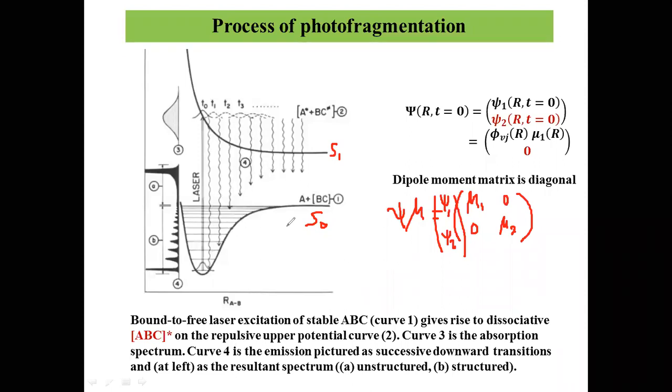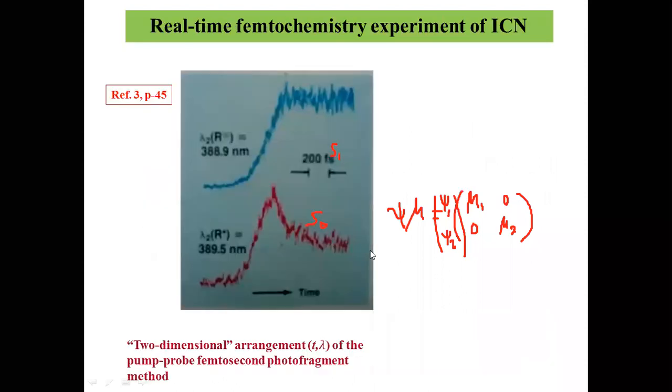Okay, so with this little bit of introduction, let me discuss the ICN photodissociation, how exactly it is going to look like. This is the experimental result I have just quoted. You would not be able to understand what this is unless I put the potential energy surface.